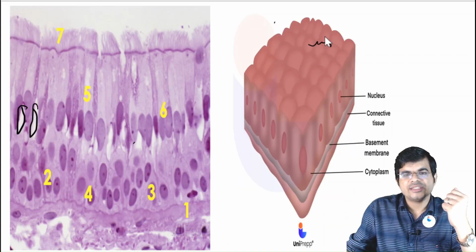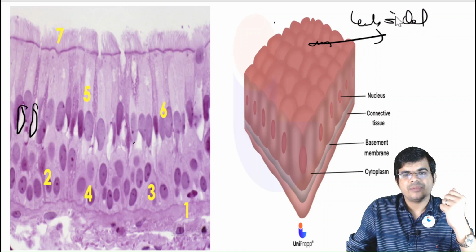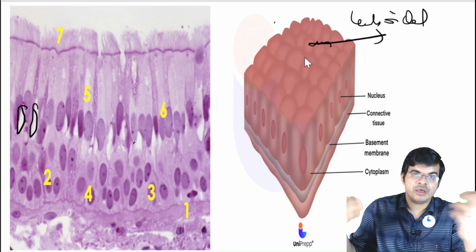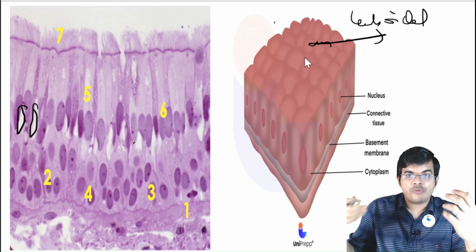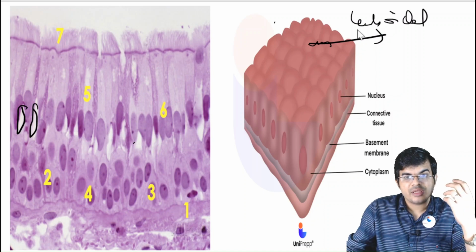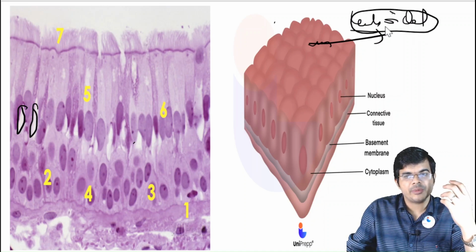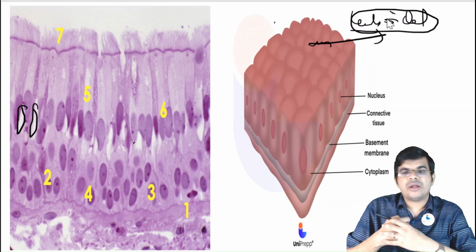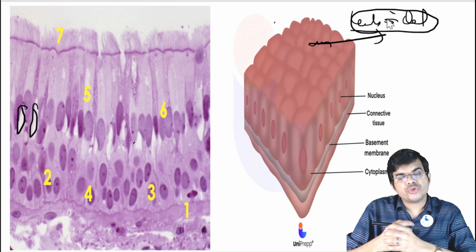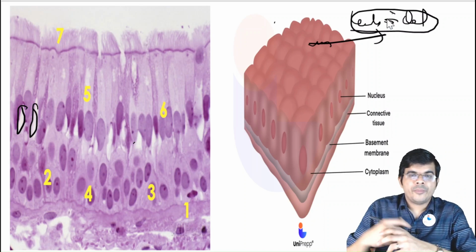Now, what is this? You can see cuboidal epithelium. Where is this cuboidal epithelium seen? Of course, it is seen in the nephron, the kidney, etc. In the thyroid also you have cuboidal epithelium, right? But cuboidal epithelium is also seen within the middle ear.